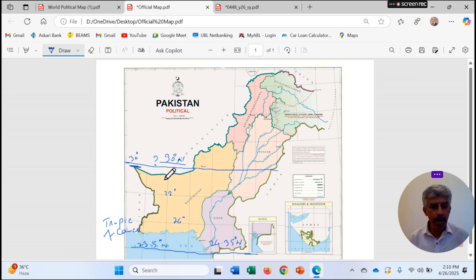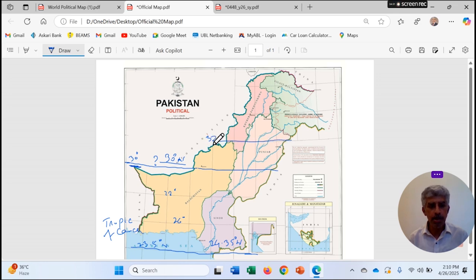If you do not identify north or south, it can be considered that you might be referring to south. So that would be a wrong answer. So try to put the letter north along with the degree, so that it would be considered correct. Then 30°, then the 32° line is this one.